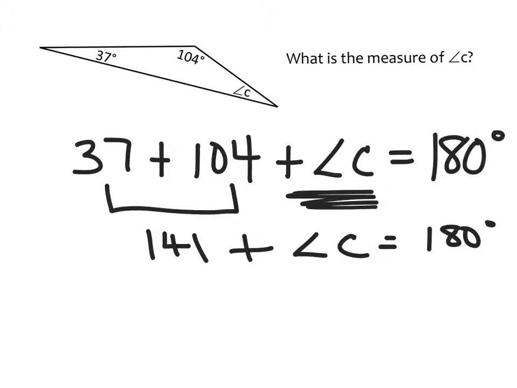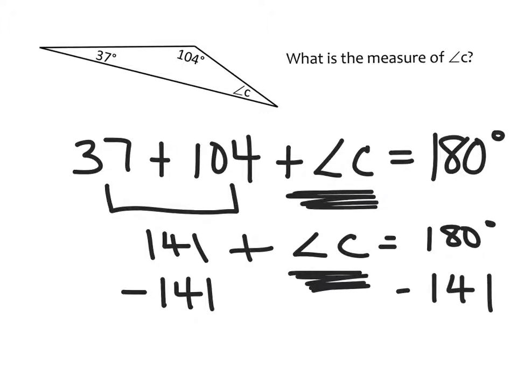Now, when we've been solving equations, we've talked about do and undo. How do I isolate the variable? How do I get angle C all by itself? We undo the 141 on both sides of the equation. And when we do that, 141 minus 141 is 0, which leaves angle C all by itself, isolated, which is exactly what we want.